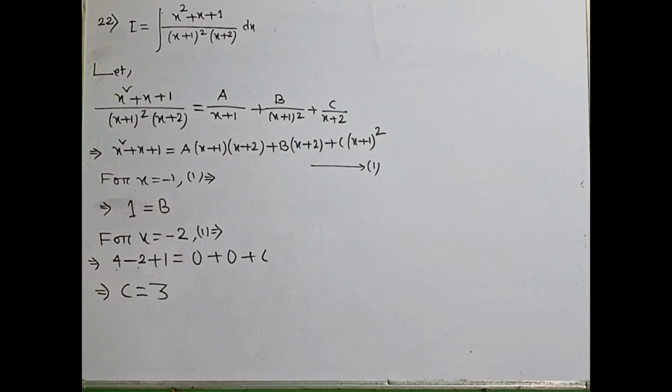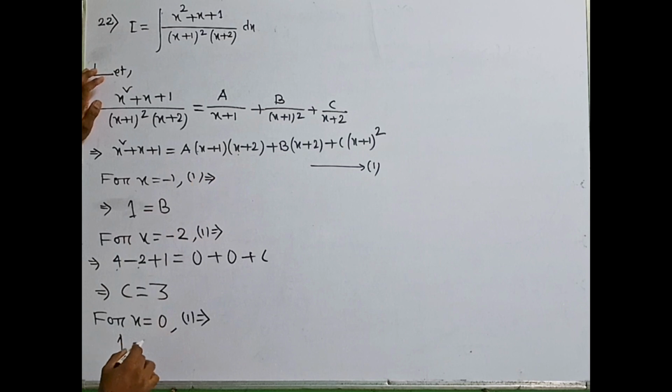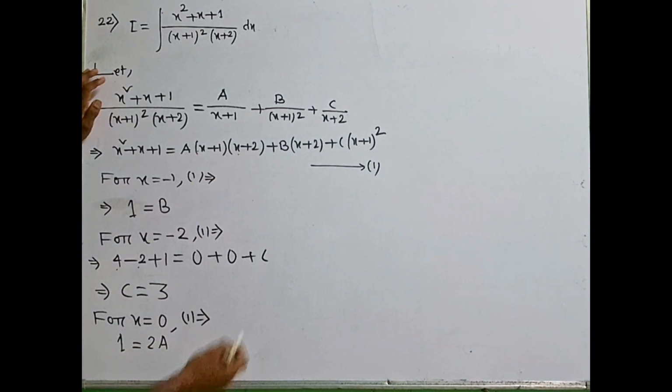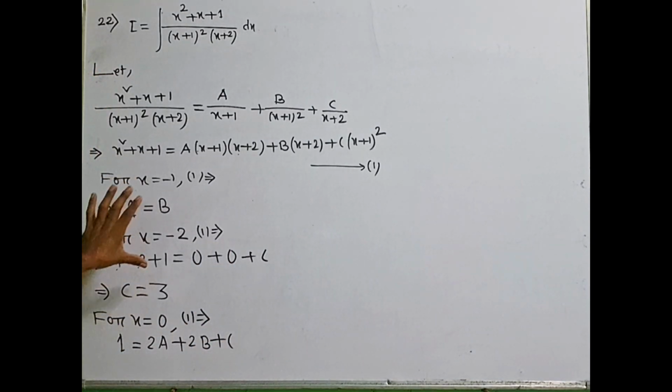Now we have to find out the value of A. For this, just take x = 0 suppose. If we take x = 0, then in the left hand side 1. So 1 into 2, twice A, plus twice B, and plus C. But already B and C you obtained. B is 1, C is 3.